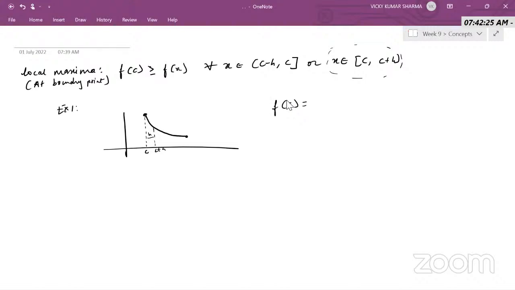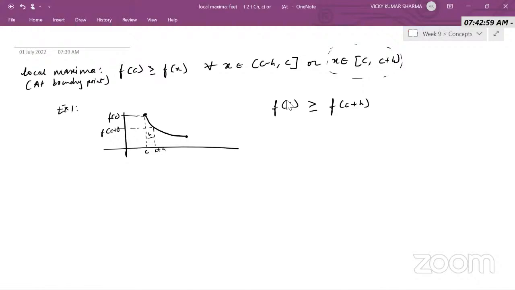If this is f of c, then you know that this is going to be f of c plus h, right? So is my f of c greater than or equal to f of c plus h? Yes. If I take any interval between this, is my f of c greater than f of c plus h? For any particular interval I take, this is what is going to happen, right?